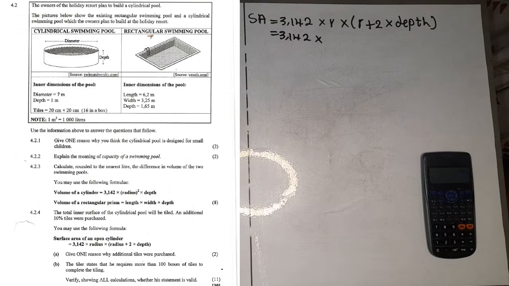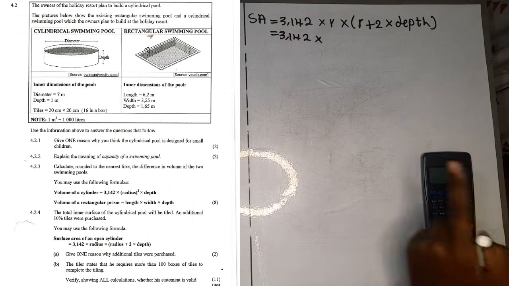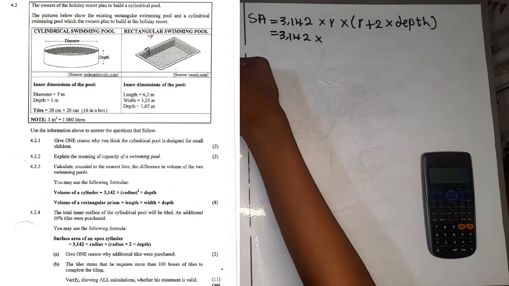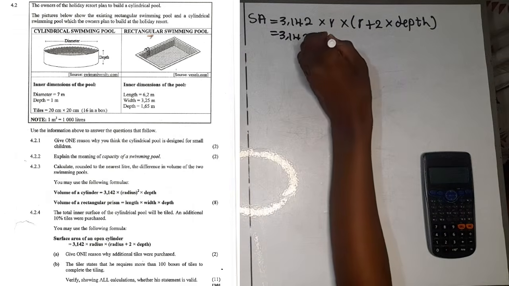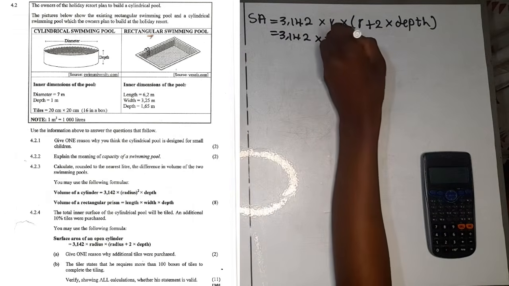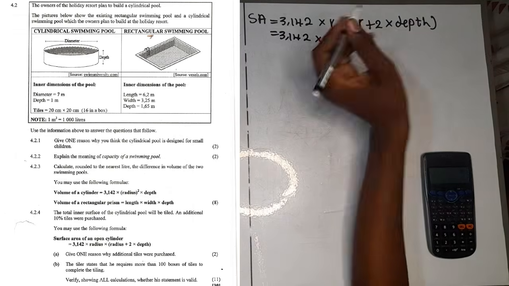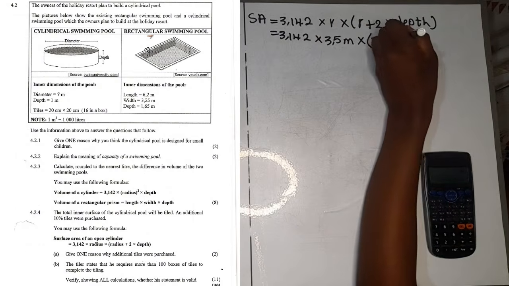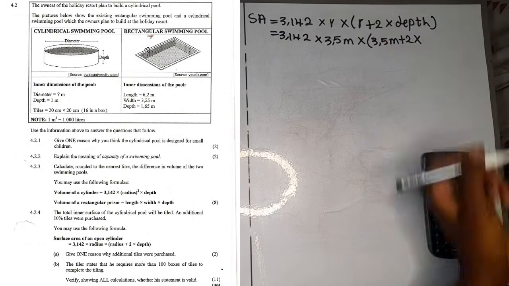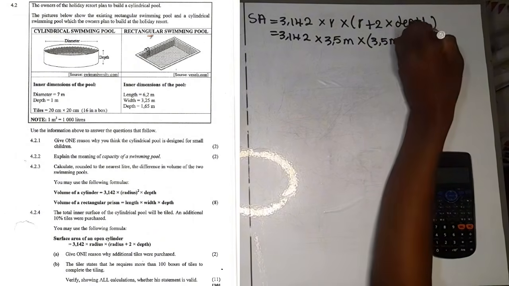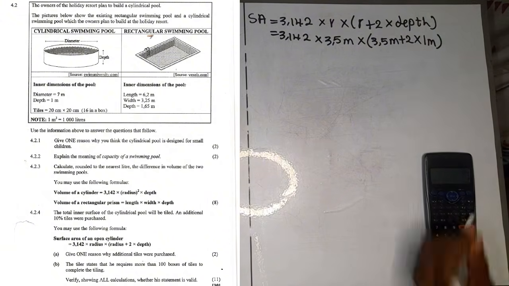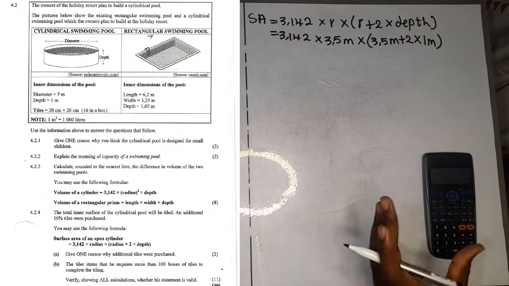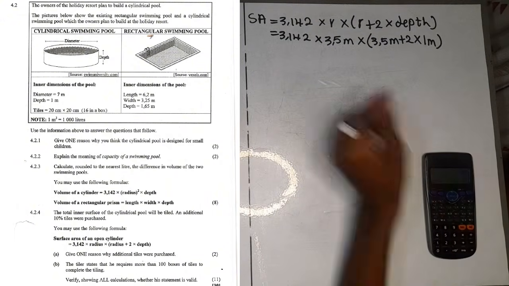We do not have the radius, but remember we calculated it on the previous question and we found out that the radius is 3.5 meters. Multiplied by, in brackets, the radius again, 3.5 meters, plus 2 multiplied by the depth of the pool, which is 1 meter. So now we have substituted the formula and we can make the calculation.